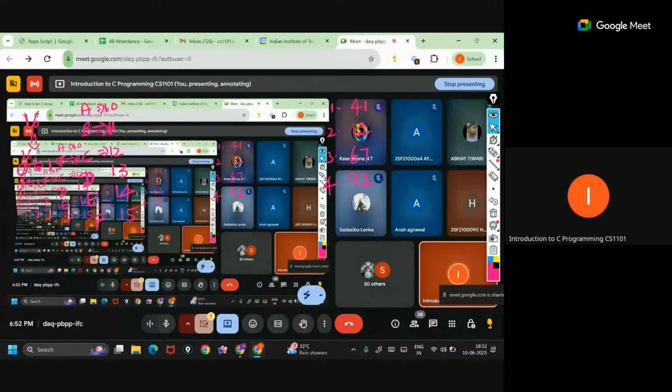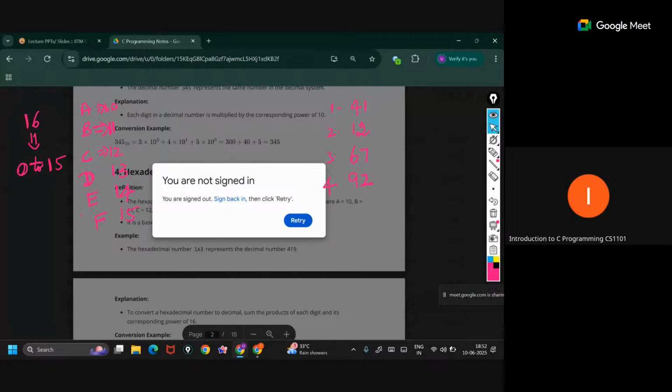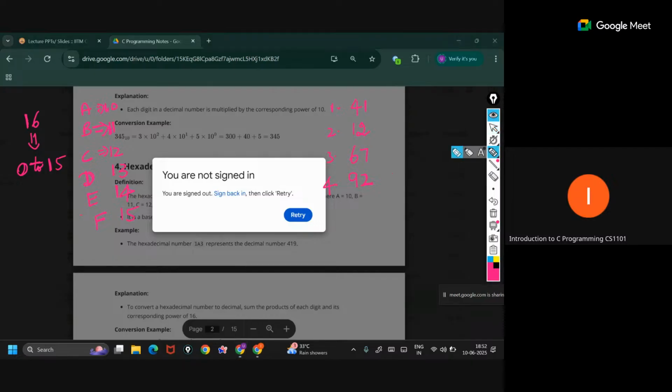Okay, so let's say I have the number 41. What I should do here is divide it by 16. On dividing by 16, what will be the quotient?